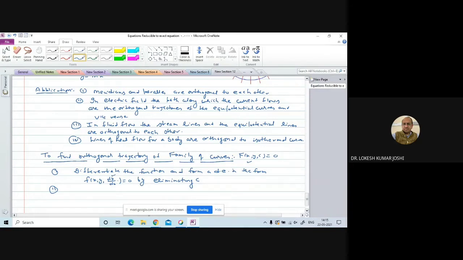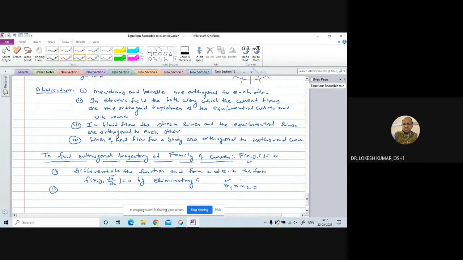We are finding the slope of the first curve, and we are saying two curves are orthogonal to each other if the slope of the first curve is m1 and the slope of the second curve is m2. Clearly, slope is nothing but dy/dx. If we find dy/dx, it means we are successful in generating the slope of the first curve.